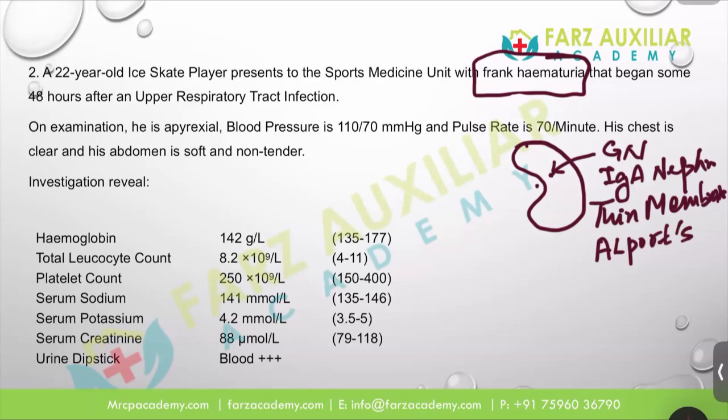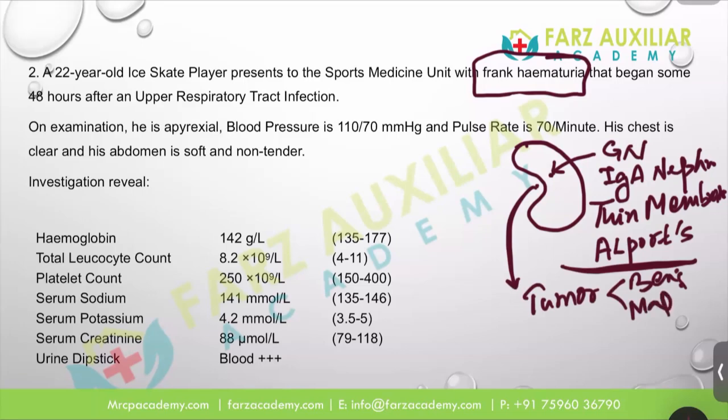Now, outside the glomerulus, the reason can be a tumor, which could be benign or malignant. Then polycystic kidney disease. Then sickle cell disease, a very important reason for hematuria. Sickling crisis can produce hematuria.